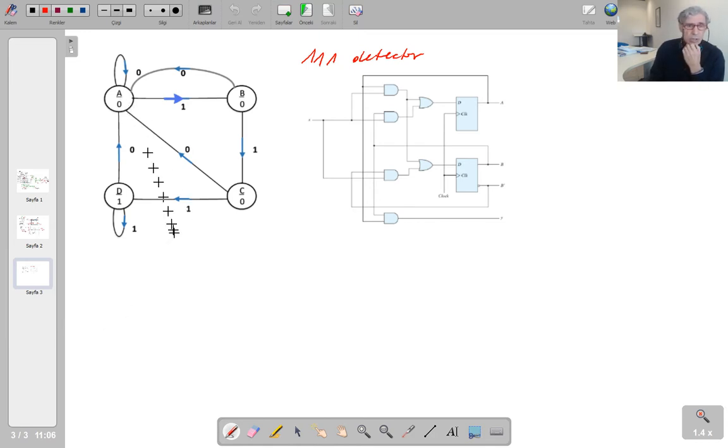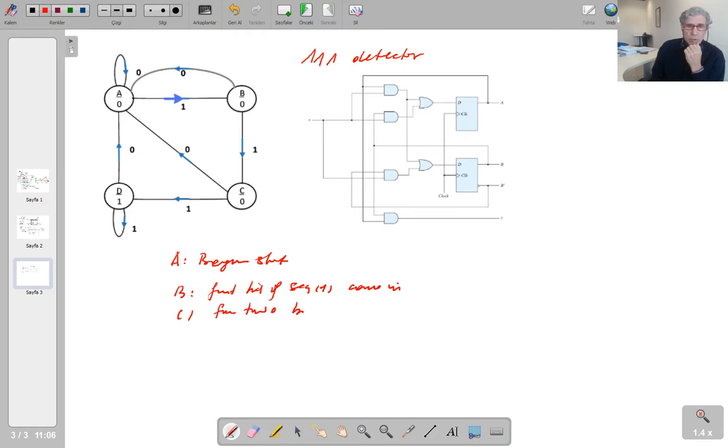So A state is the beginning state, B is first bit of sequence 1 came in, and C first 2 bits came in, and D first 3 bits came in.